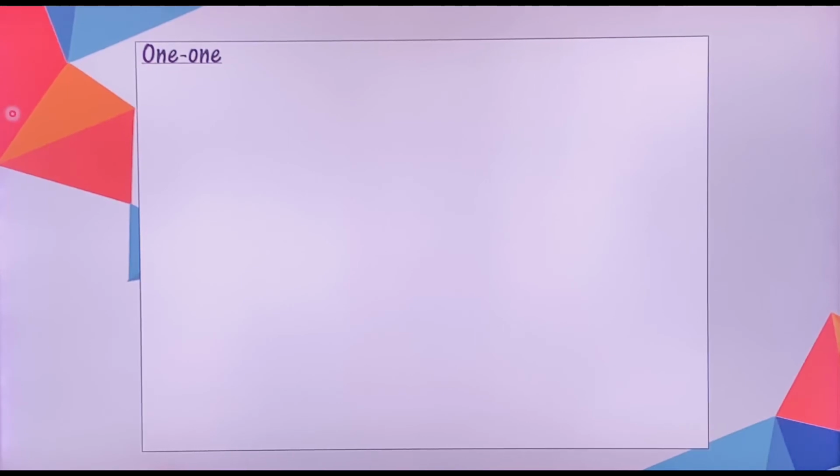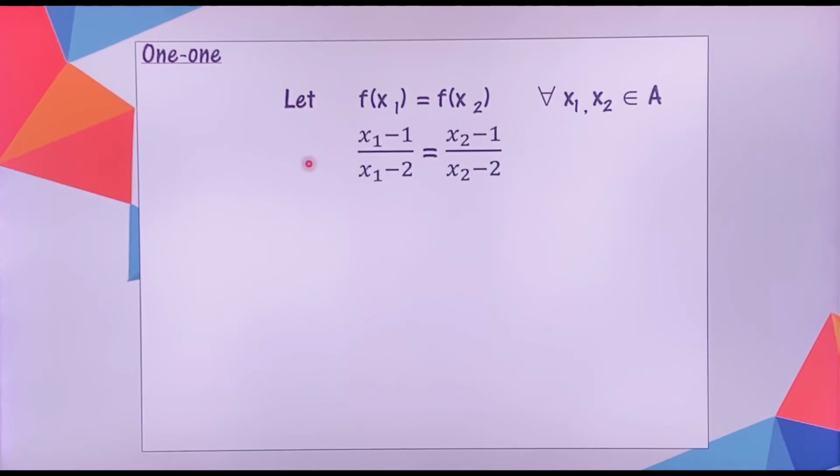Let's check 1-1. Let f(x1) = f(x2) for every x1, x2 element of A, which implies (x1 − 1)/(x1 − 2) = (x2 − 1)/(x2 − 2).